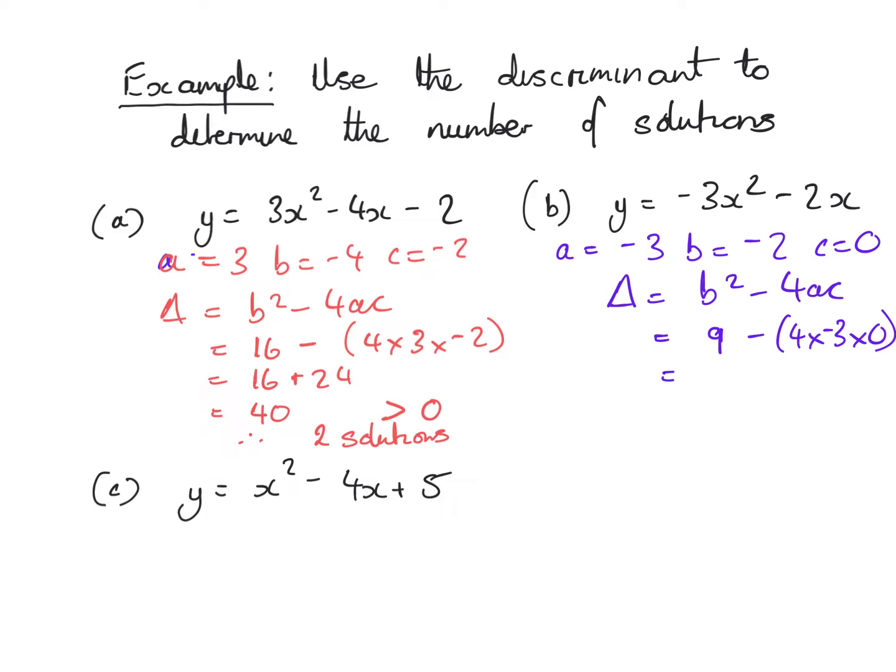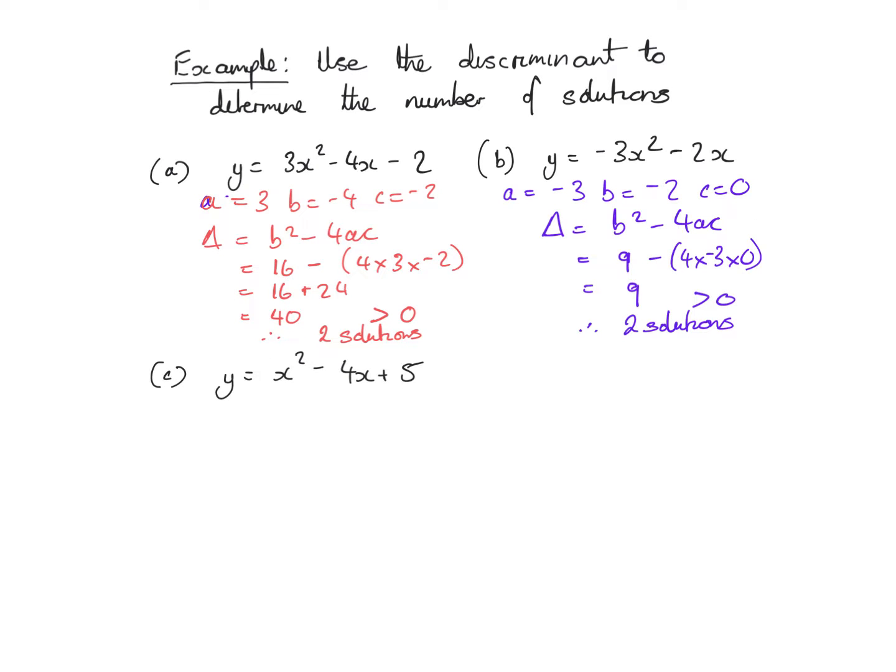And so therefore 9 minus 0 is 9. Again, it is greater than 0, and therefore we have two solutions. So what that means is if we were sketching that graph, we'd have two x-intercepts.